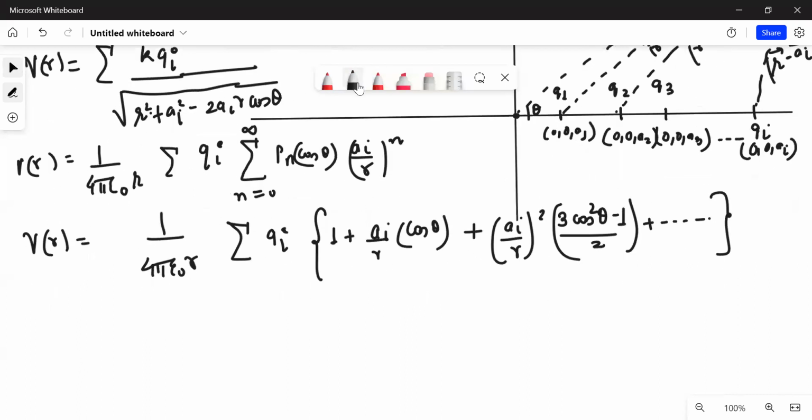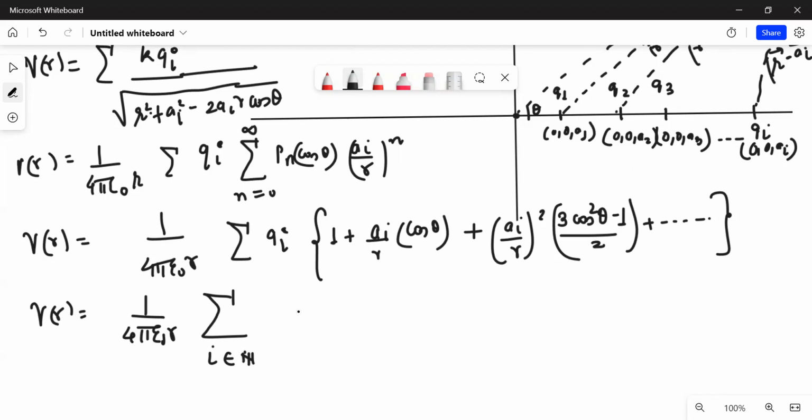And so I'll write V as a function of r, that I'll multiply all these things. So I'll write 1/4 pi epsilon naught r, and this is summation i belongs to natural, not natural, I would say. चलो ठीक है, i equal to 1 2 3 4 ये तो था.